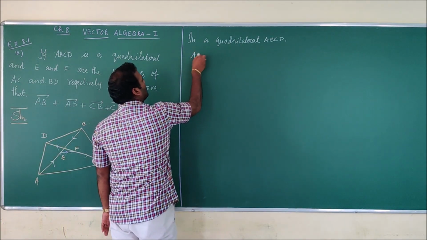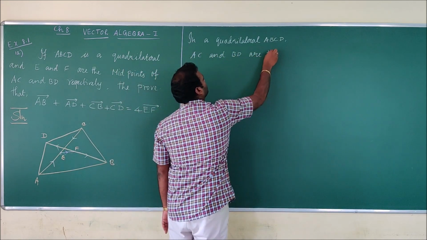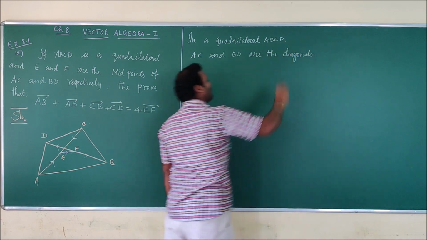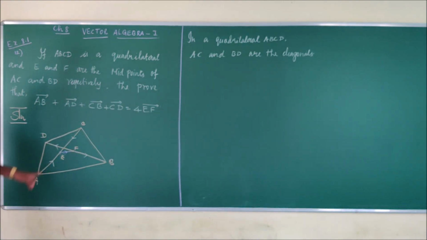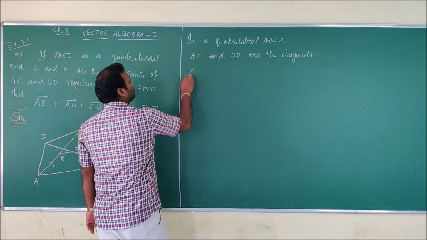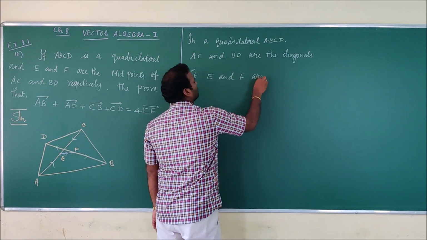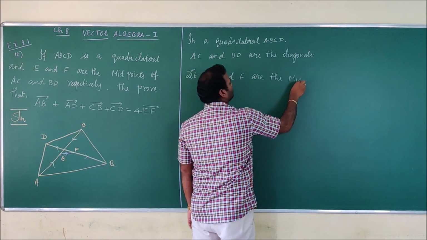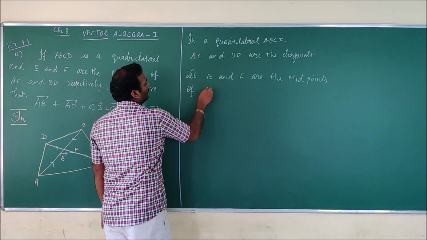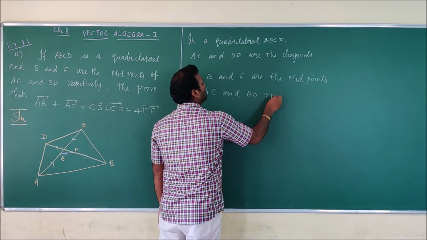Next, E and F are the midpoints of AC and BD respectively.